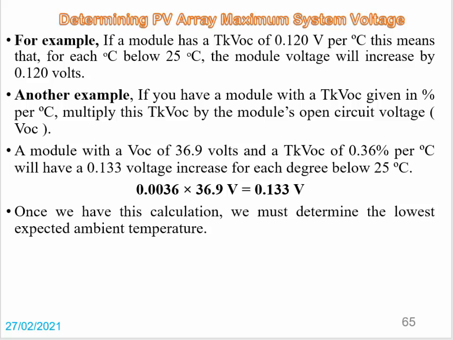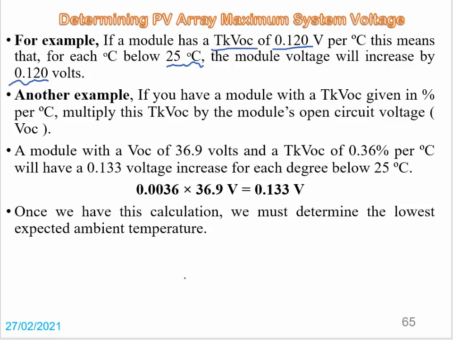Here we have an example. If a module has a TK V open circuit of 0.12 volt per Celsius, this means that for each Celsius below 25 degrees Celsius, the module voltage will increase by 0.12 volts.